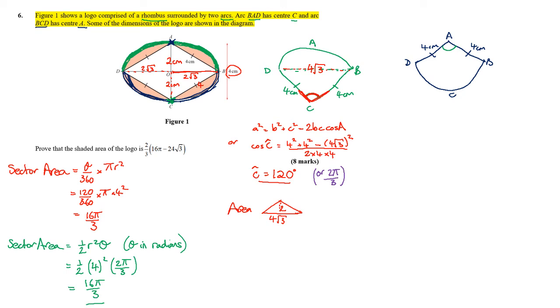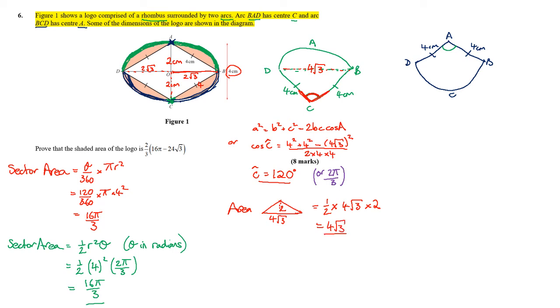We would then just look at the area of half of the rhombus and look at it as an area of a triangle. So it's a half times the base times the height. So that gives us 4√3.